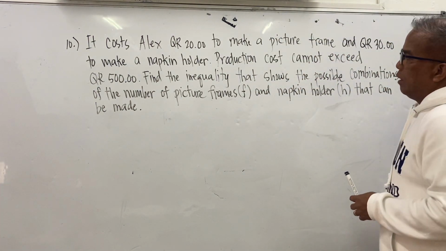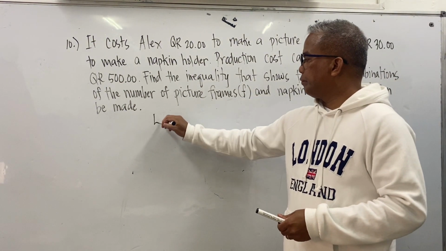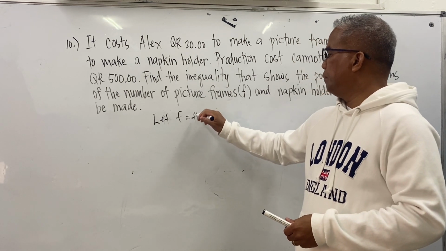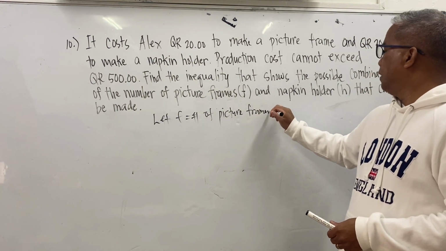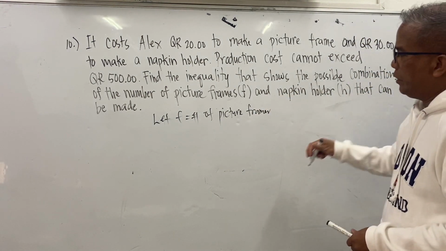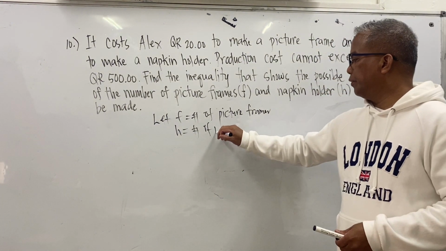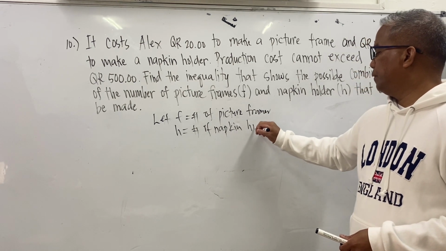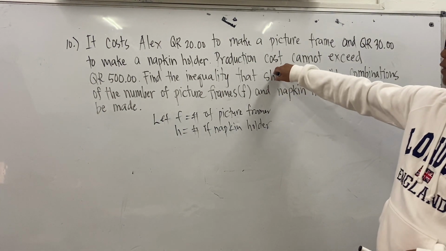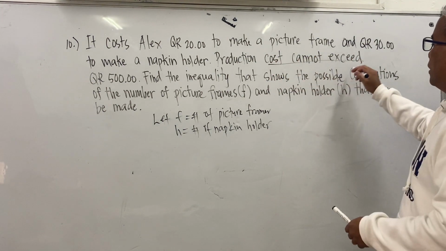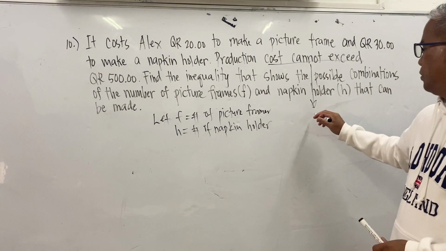We have the variable F for the picture frames, and we have H, the number of napkin holders. And then another given is the phrase cost cannot exceed, which means we are using the symbol less than or equals to.